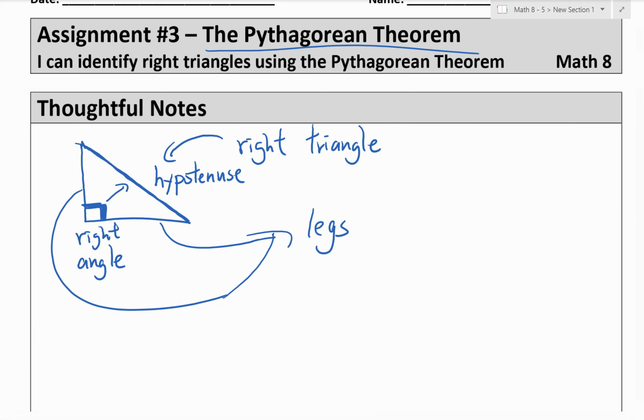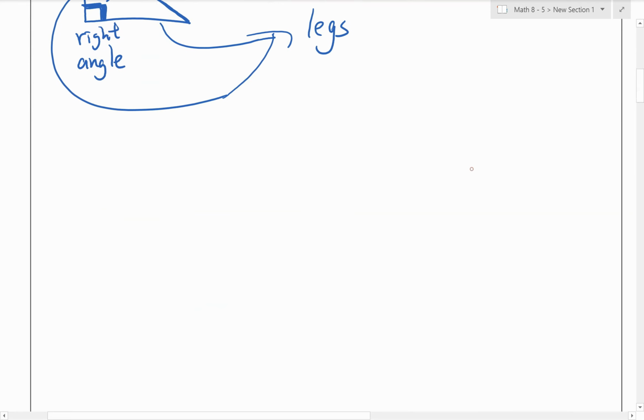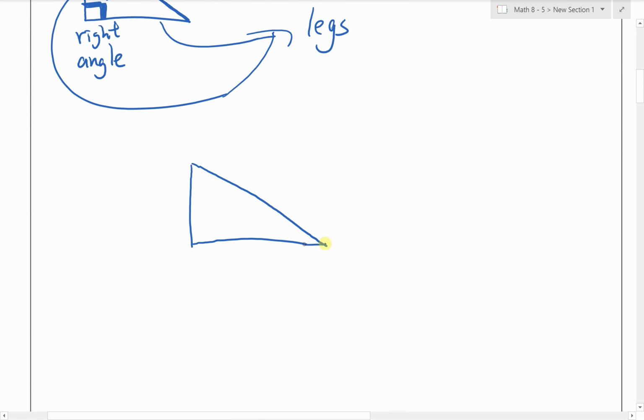Now, what are we going to do with the right triangle? Let me draw another right triangle here. This obviously is not drawn to scale. Let's say this is length 3, and let's say this is length 4.